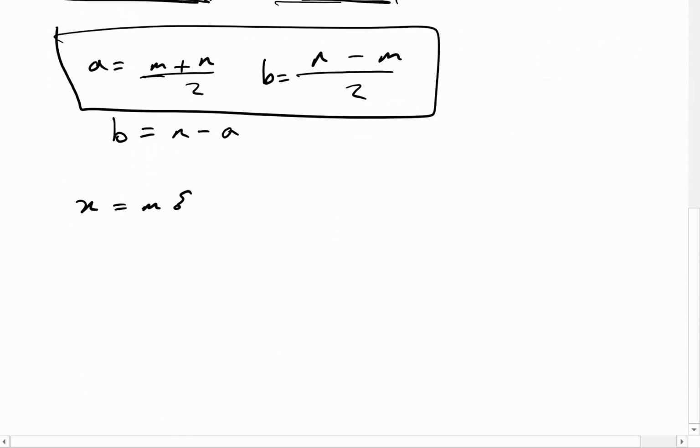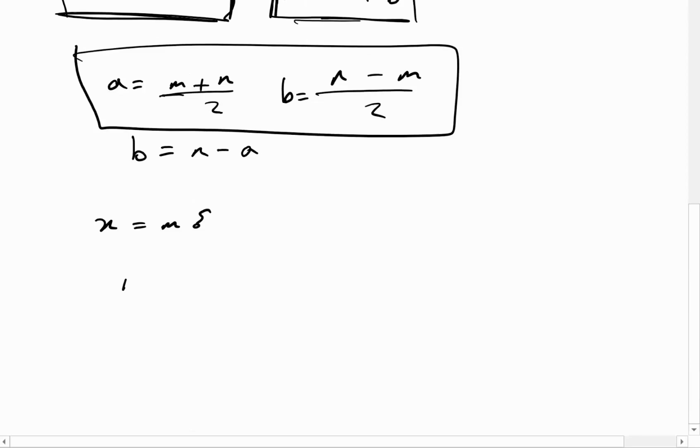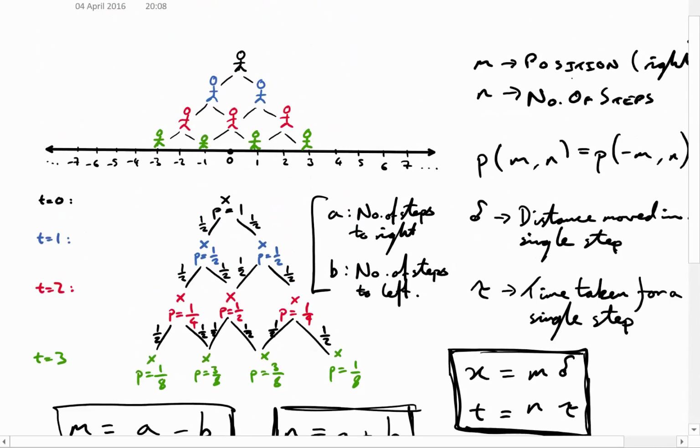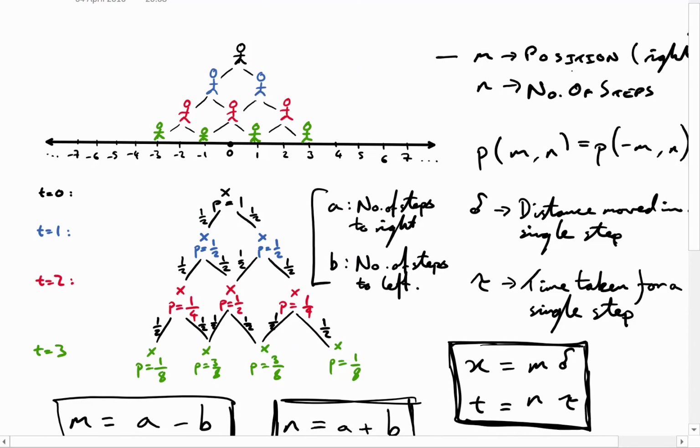So the number of ways that I can choose the number of steps to the right from the total number of steps that I take. Remember, I'm just considering a position which is on the right.